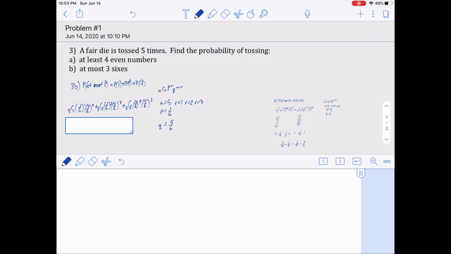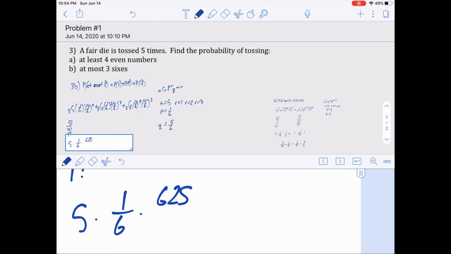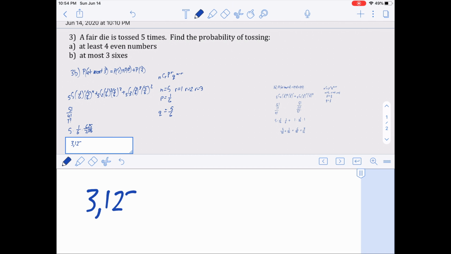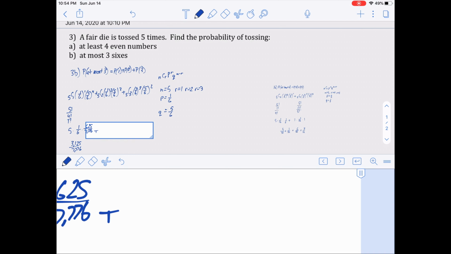Now 5C1 is going to simplify down to 5 factorial over 4 factorial over 1 factorial, which becomes 5. Now we multiply that times 1/6 to the first, which is equal to 1/6, times 5 over 6 to the power of 4, which becomes 625 over 7,776. This will all become 3,125 over 7,776.